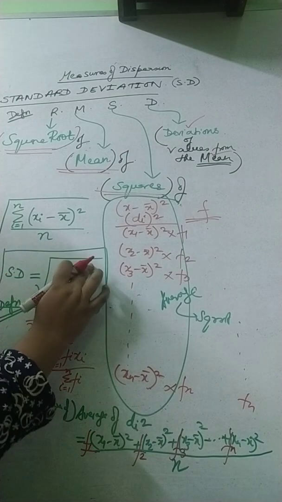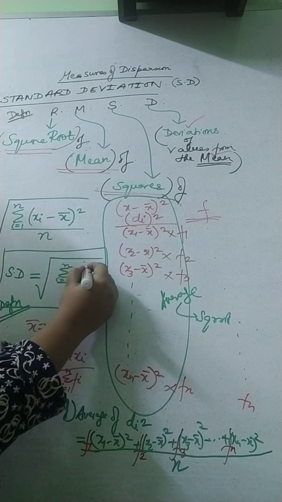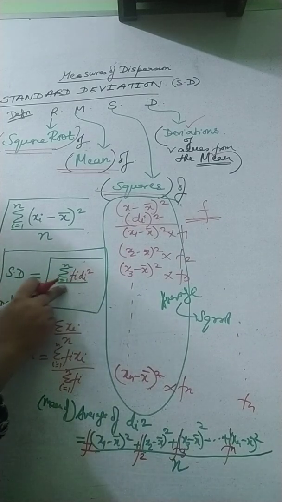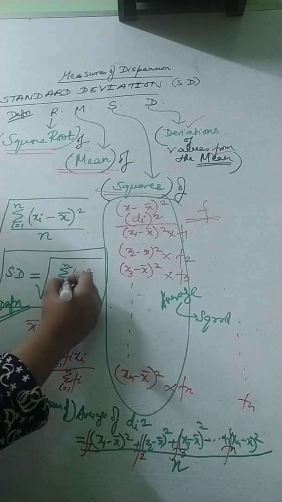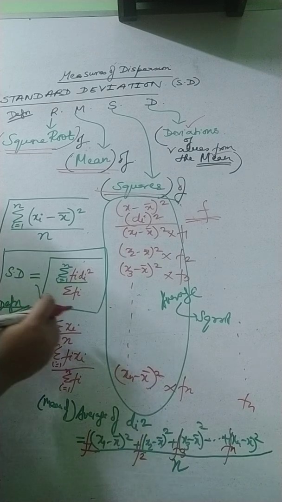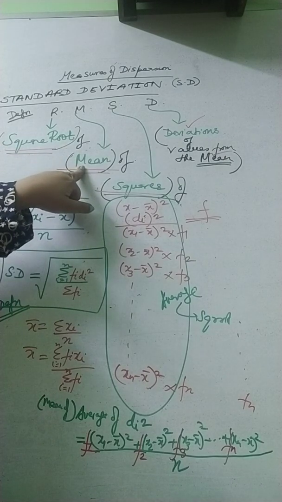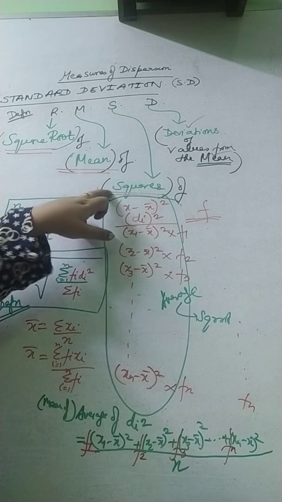In that case you will have an fi associated with di square. Instead of writing small n, you will write capital N. In other words, it is summation fi over here. Okay, so that is the only difference, because of the average that we are considering of the squares of the deviations.